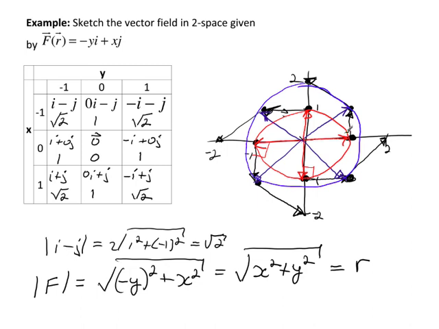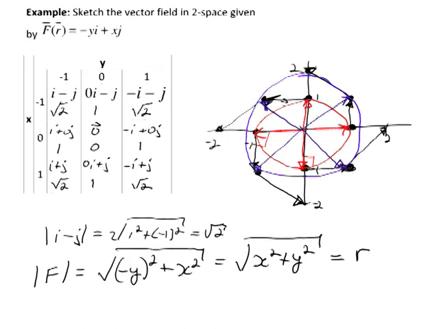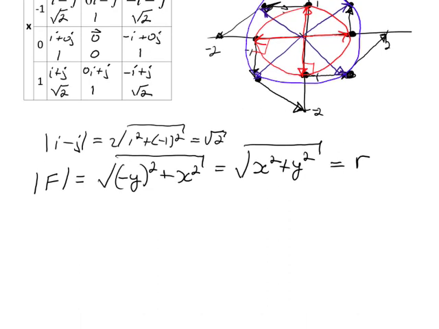Now I'm suggesting here that these are all orthogonal, at least they appear to be orthogonal. Well, we can check real quick, because the vector r is equal to simply x, y, and the vector f is equal to negative y, x.